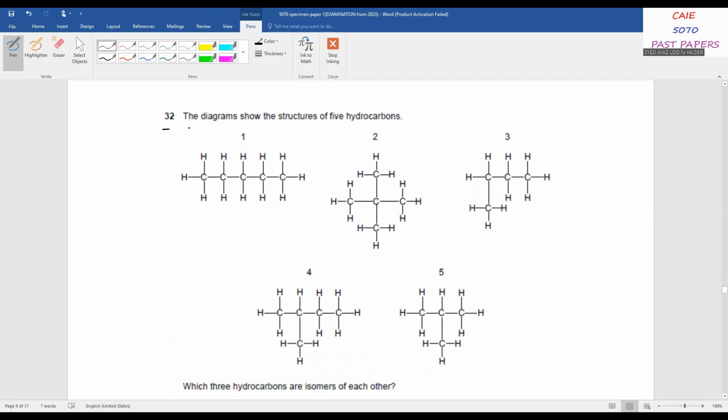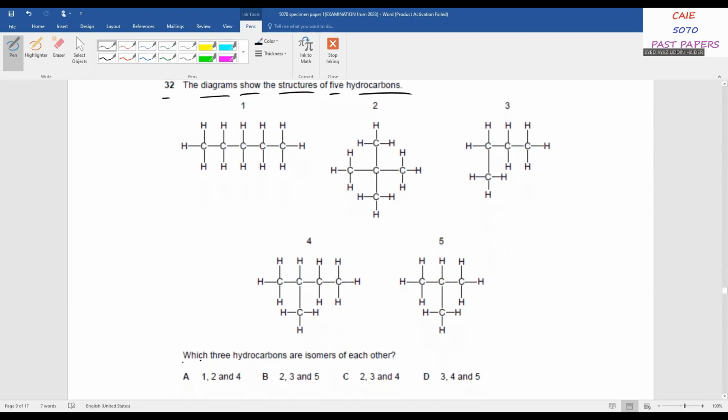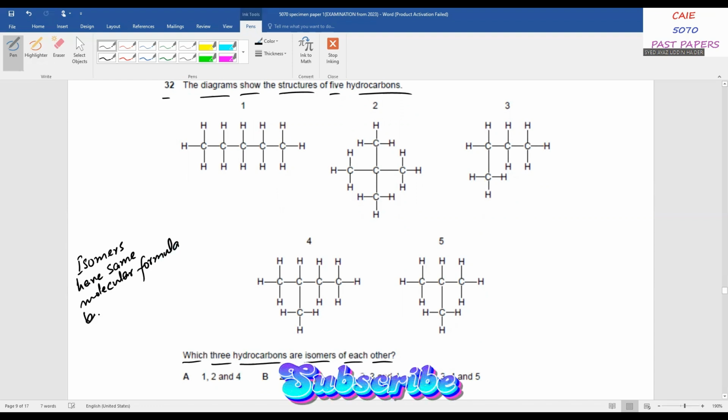Number 32. The diagrams show the structures of 5 hydrocarbons. Which 3 hydrocarbons are isomers of each other? You know the concept of isomers. Isomers have the same molecular formula, but different structural formula.